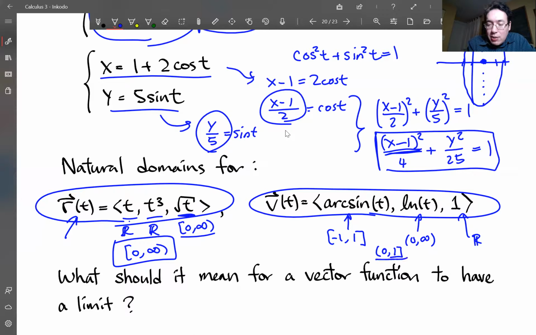It has to be positive, and it can be no bigger than 1. So that's the domain: t is strictly greater than 0, but less than or equal to 1. I hope that made sense. This is the only interval where both the x and y components make sense.